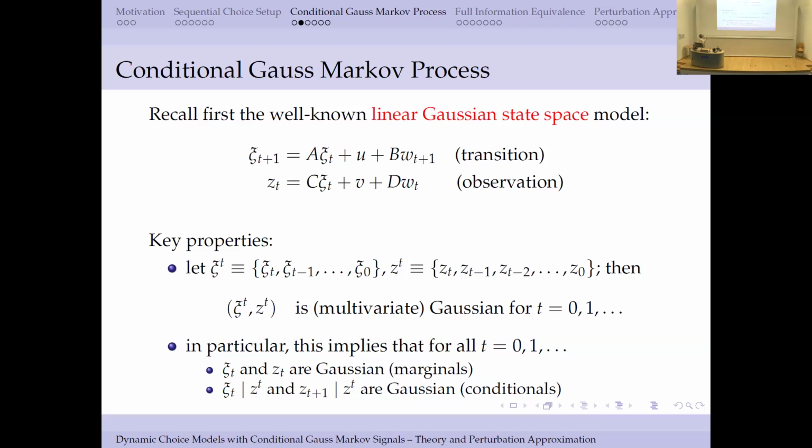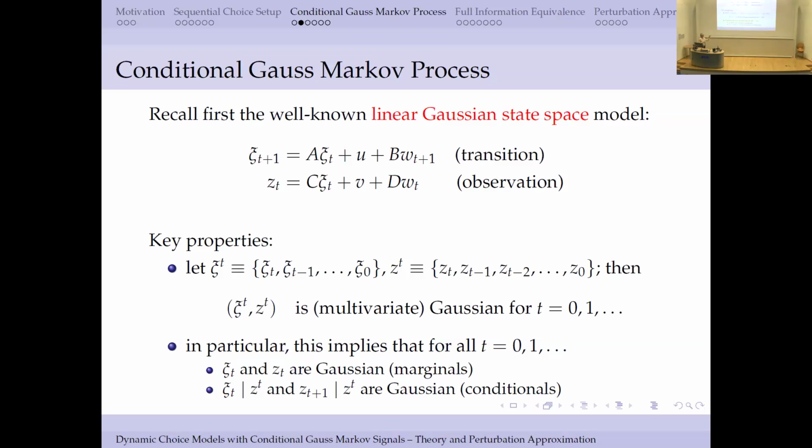What do we get from this big joint multivariate Gaussian? Well, all the marginals of these random variables are Gaussian. So Xi is marginally Gaussian, Z as well, but also all the conditionals are Gaussian. So latent variables conditional on all the past observations are Gaussian, and also next period Z's conditional on their past are Gaussian.